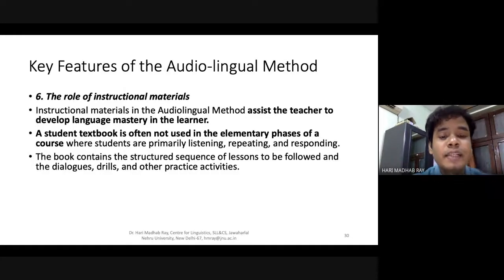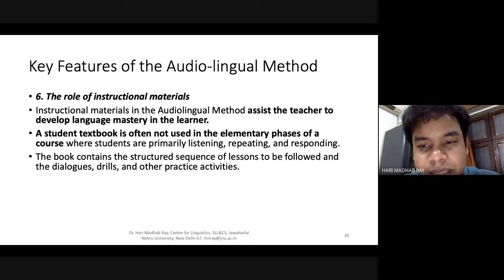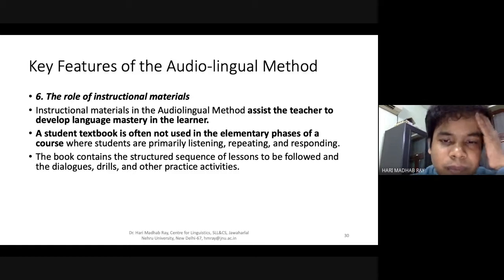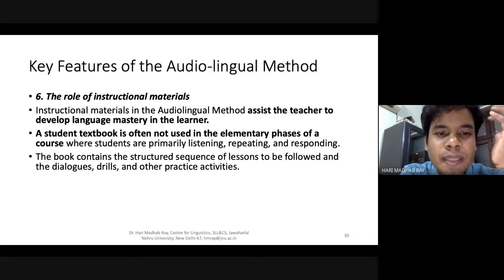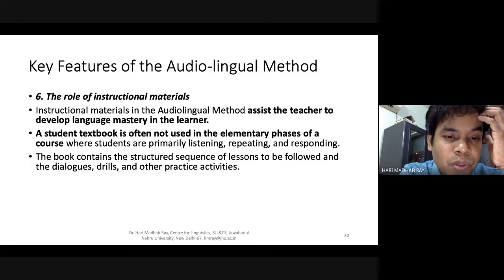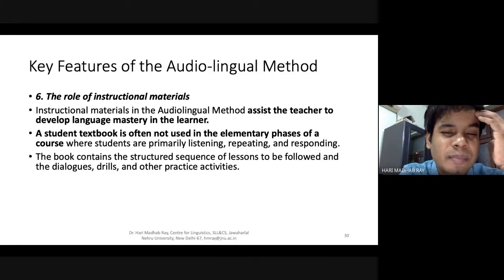Instructional materials in the audiolingual method assist the teacher to develop language mastery in the learner. So you have instructional material which is already prepared. A student textbook is often not used in the elementary phases of courses, where students are primarily listening, repeating, and responding. In the initial phase, the student textbook is not used, but later on the teacher may introduce instructional material, and the book contains a structured sequence of lessons to be followed, with dialogues, drills, and other practice activities.